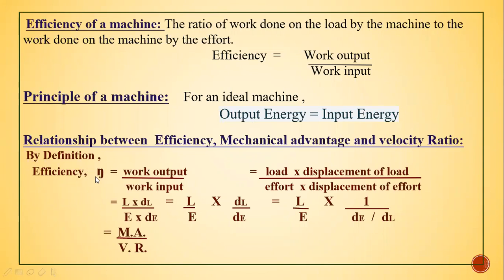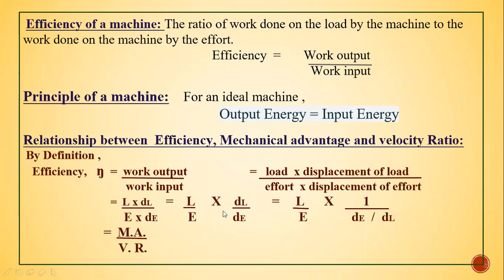Efficiency eta is equal to work output over work input, which is equal to load into displacement of load upon effort into displacement of effort. Load is written as capital L, displacement of load as dL, effort E, displacement of effort dE.